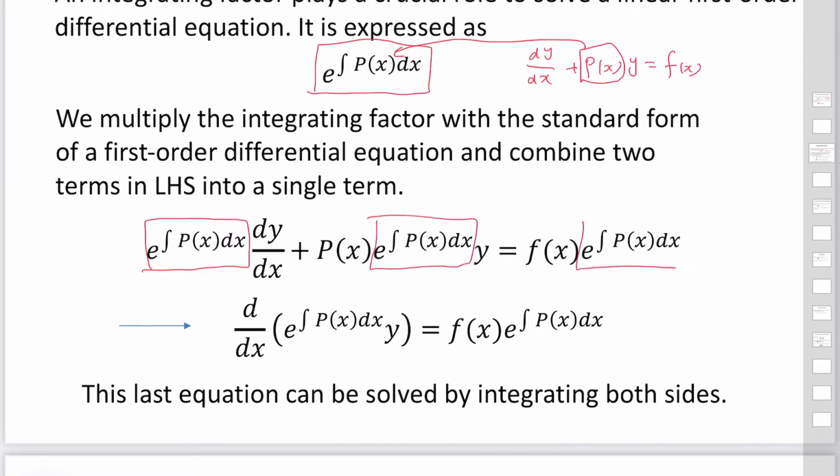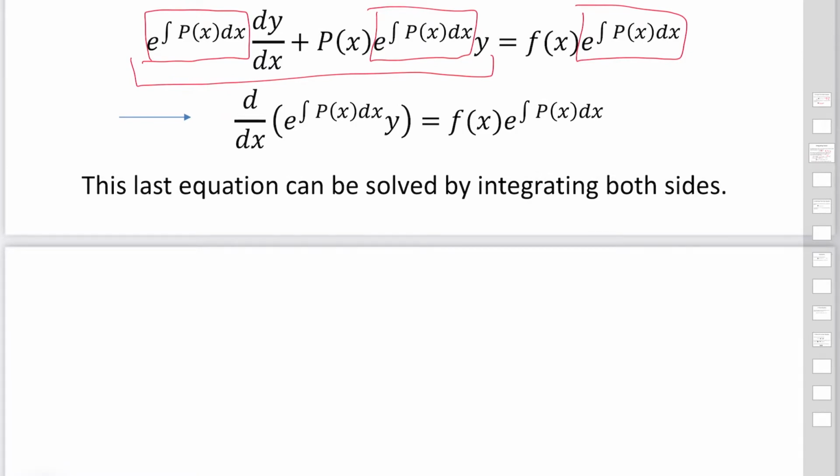This is the integrating factor. By comparing with the standard form, you find the integrating factor is multiplied on both sides of the equation. Then you can consider the two terms on the left-hand side.